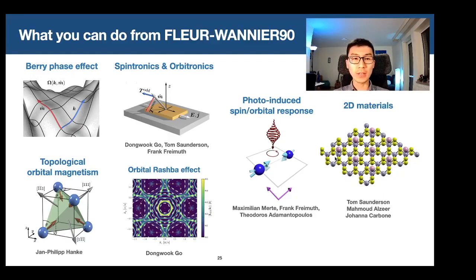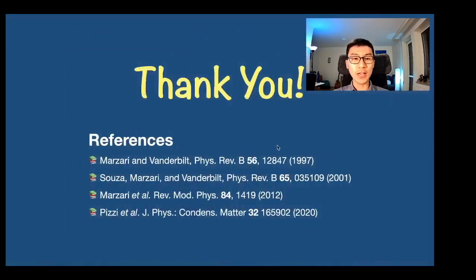I think the only thing left now is for you to try it yourself, obtain nice Wannier functions, and use them for your research to make nice results. Thanks a lot for your attention, and major references are found in these links. Thank you.